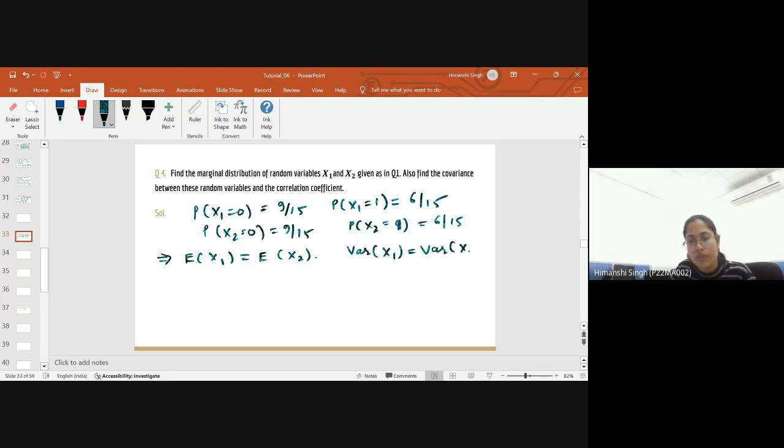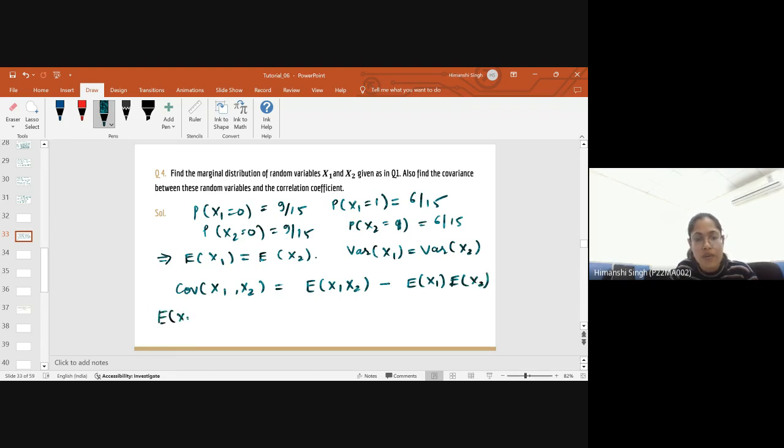Now, first of all, we need to find the covariance. Covariance between x1 and x2 will be the expected value of x1 x2 minus the expected value of x1 times the expected value of x2. So let's first find the expected value of x1.